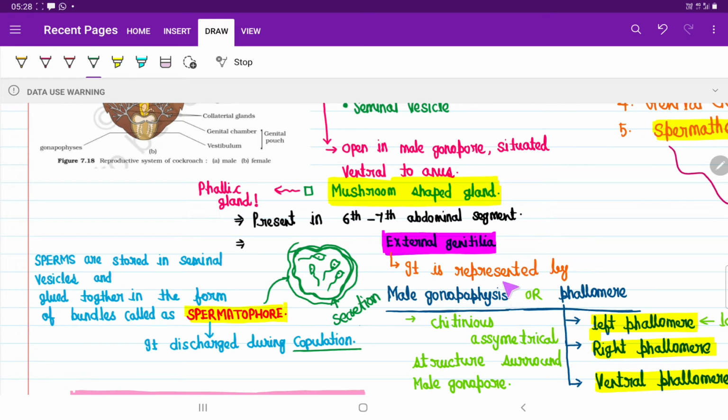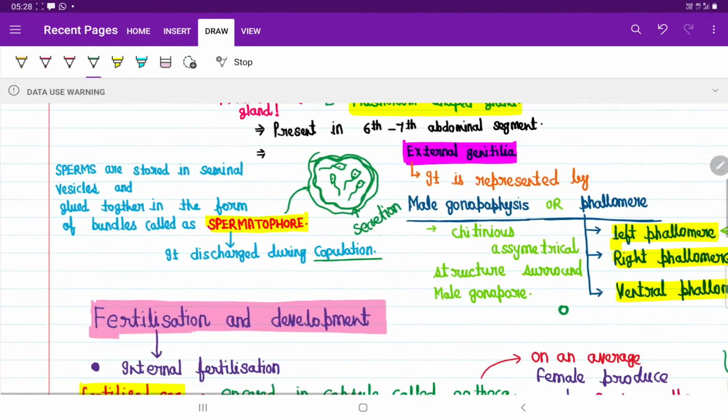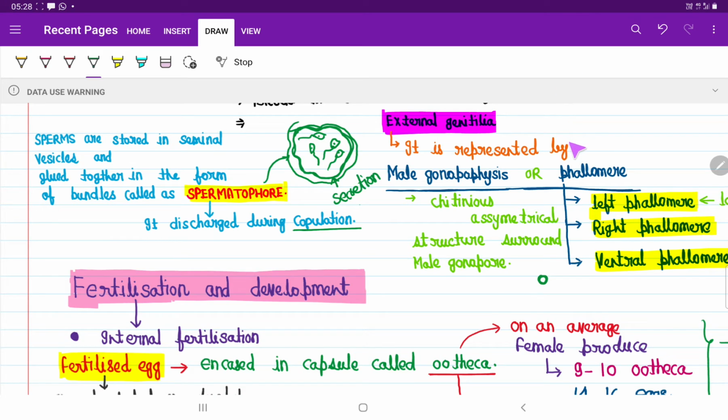External genitalia, male gonapophysis or phallomere, right? They are chitinous asymmetrical structures, need not be equal on both sides, surrounding the male gonopore, right?